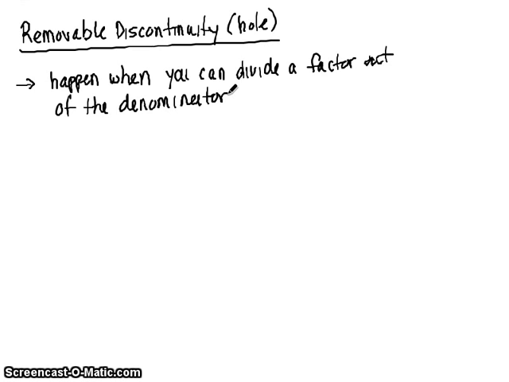What this will look like in calculus is the limit as x approaches your value c of f of x is going to exist, but it's not going to be equal to the function value f of c.